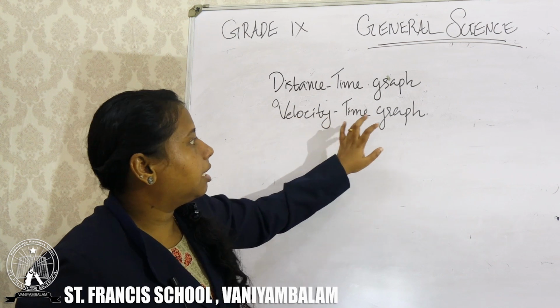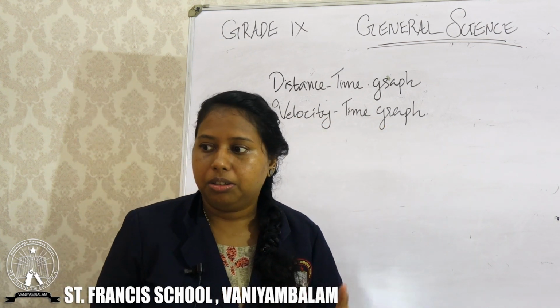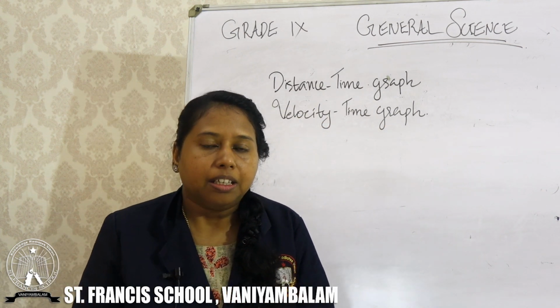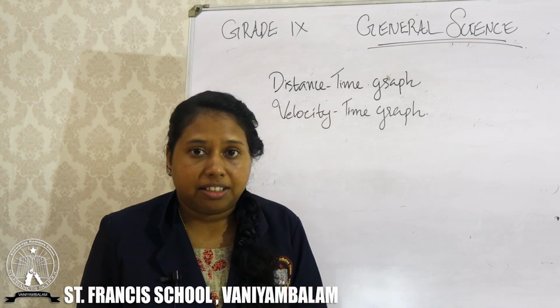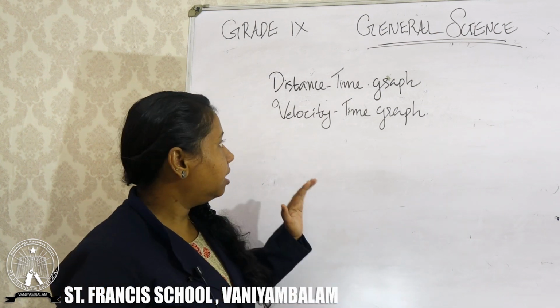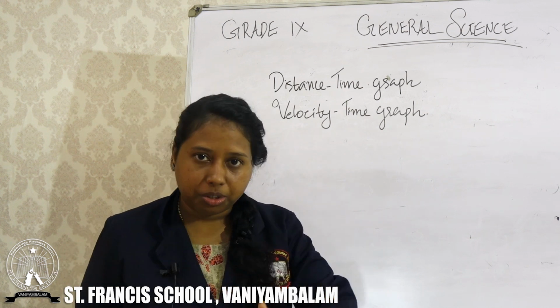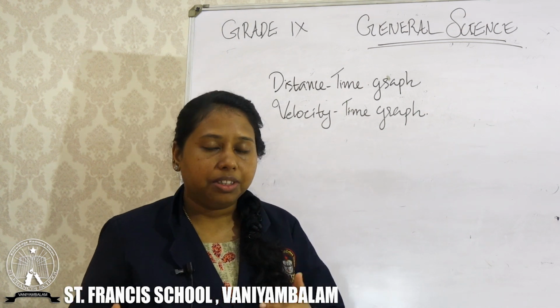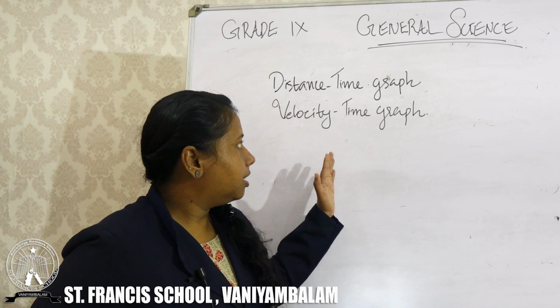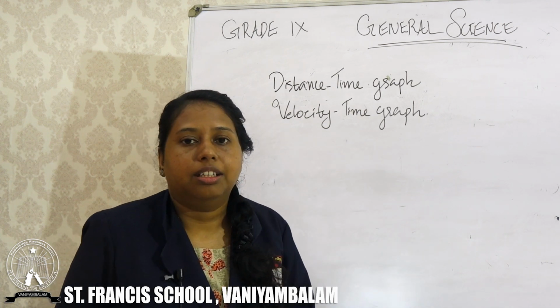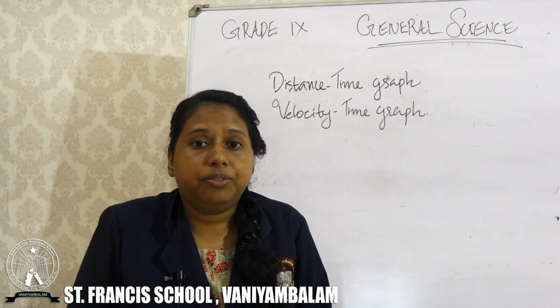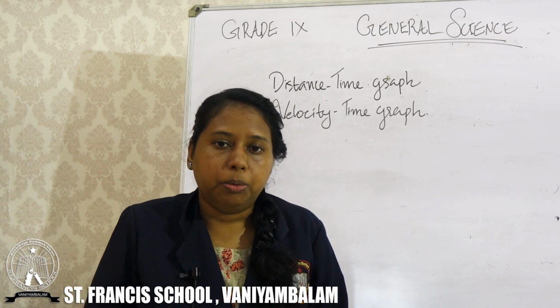And velocity time graph is usually used for the representation of acceleration. So these are the two main graphs that you have to study today: distance time graph and velocity time graph, the graphical representation of motion.